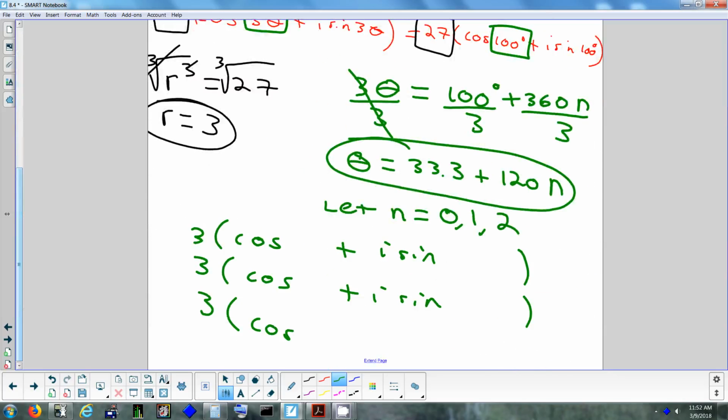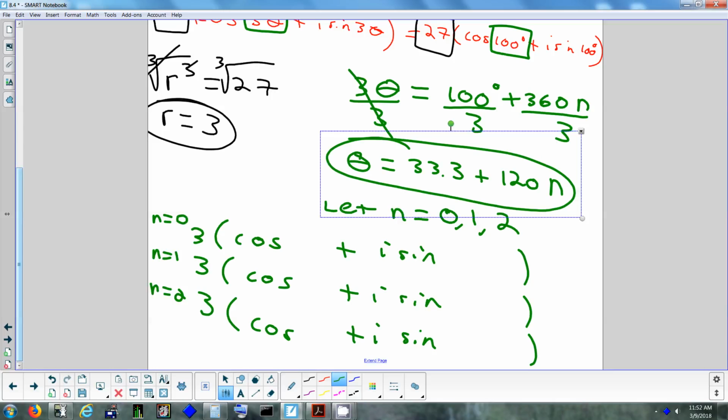I'm just making a template for where I'm going to fill in all my answers. What you're going to put in the blanks is what you get when n equals 0, 1, and then 2.